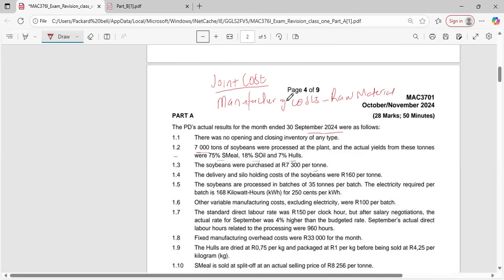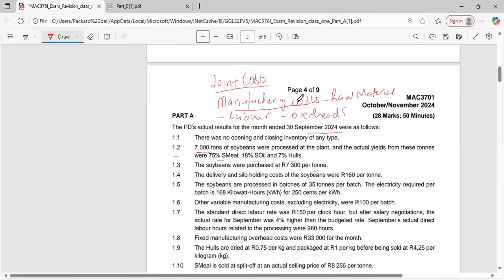What else do we have that makes up the joint cost? We have raw materials, labor, am I correct? And what else makes up the manufacturing cost? We also have overheads.